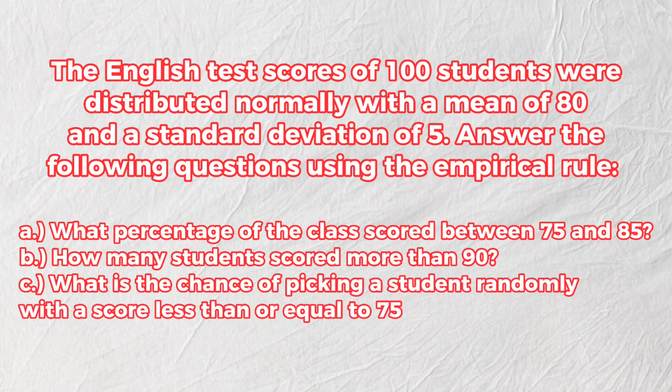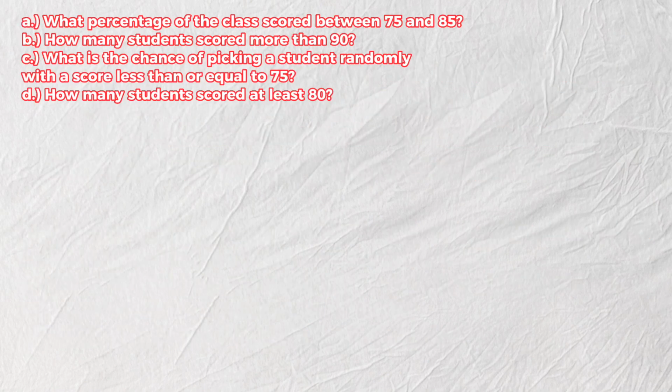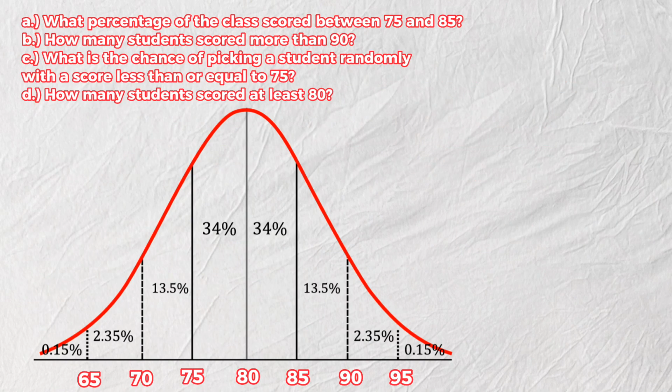B. How many students scored more than 90? C. What is the chance of picking a student randomly with a score less than or equal to 75? And D. How many students scored at least 80? I'm giving you a minute to answer these questions, but you may pause the video for a longer time.